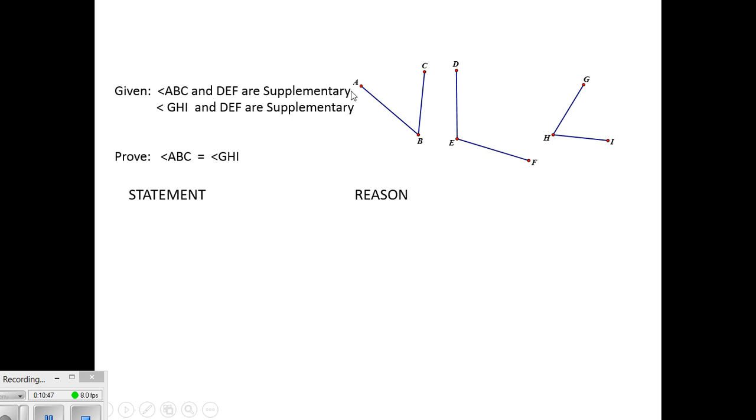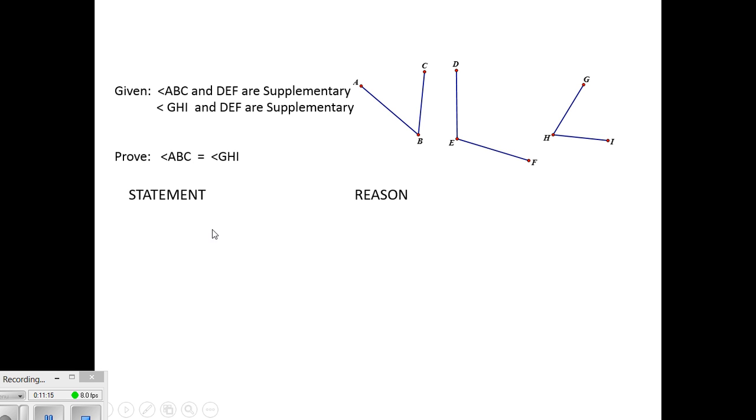All right, we've got 2 pairs of supplementaries, which you know should comprise a sum of 180 degrees. And we're trying to show that angle ABC and GHI are equal. So we've got 2 supplements, and we're trying to conclude 2 congruent.